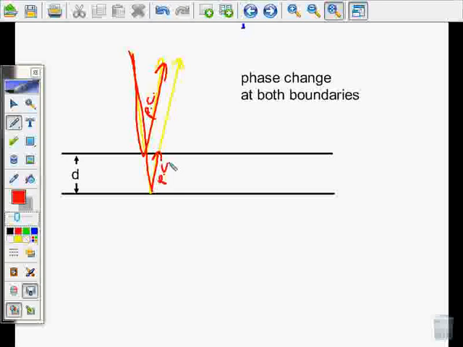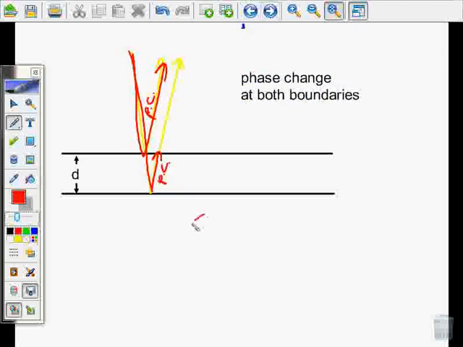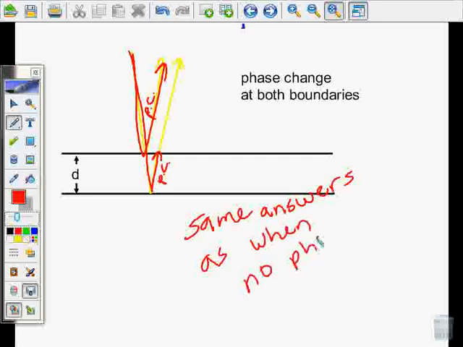If they both go through phase changes, the problem is just like what? This one here, when neither of them go through phase changes. If they both flip, it's the same thing, you know what I mean? So basically, same answers as when no phase changes.